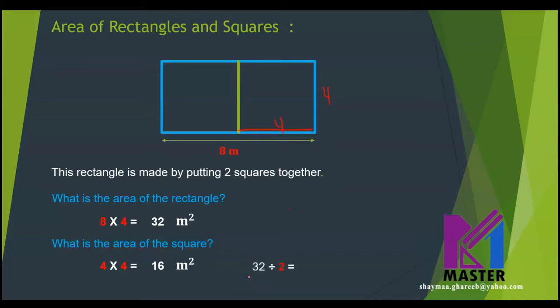Or, as we said, by dividing the area of the rectangle by 2: 32 divided by 2 is the same, 16 meters squared. Is this clear now? How can we get the width of a rectangle if it is split into two squares?